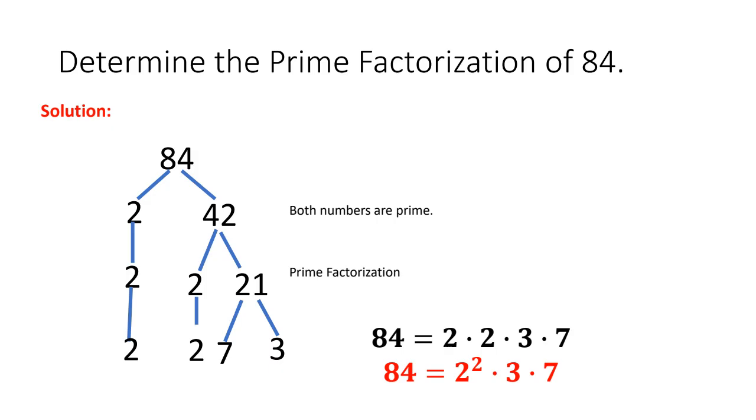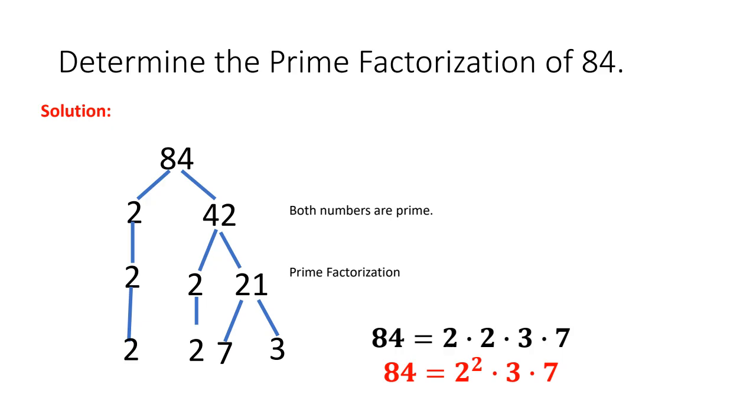Notice that these 2's are already prime numbers, since 2 is the smallest prime number. Then you continue with the larger numbers, like 21. Can I still divide it into smaller numbers? The answer is yes, because 21 is equal to 7 times 3. And then at the end, I look at all of my primes: 2, 2, 7, 3.